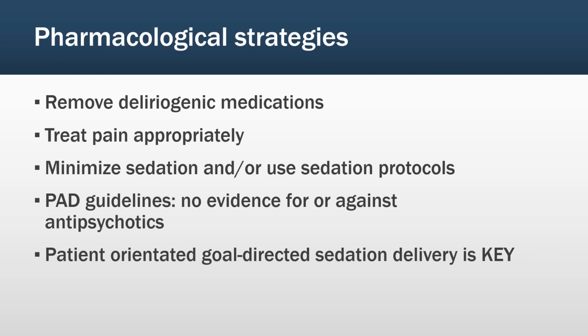However, the PAD, or Pain, Agitation, Delirium guidelines, have no evidence for or against their use. Dexmedetomidine, an alpha-2 agonist, has shown promise in reducing the amount of sedation required for delirious patients, which may reduce the length and severity of delirium, but its use in Canada is relatively new. Ultimately, the best pharmacological treatment is patient-oriented, goal-directed sedation.